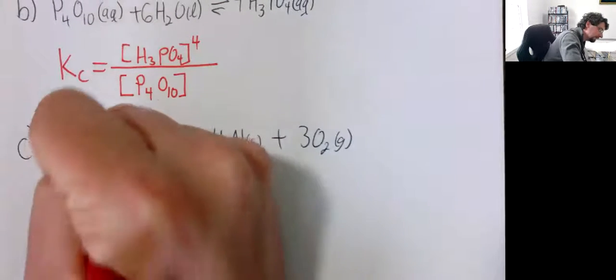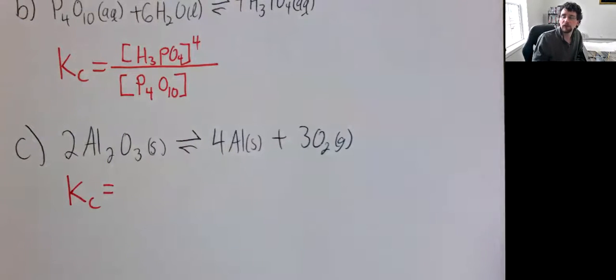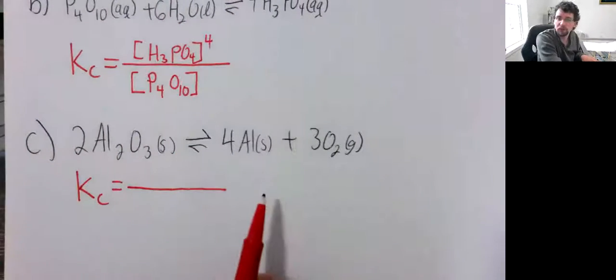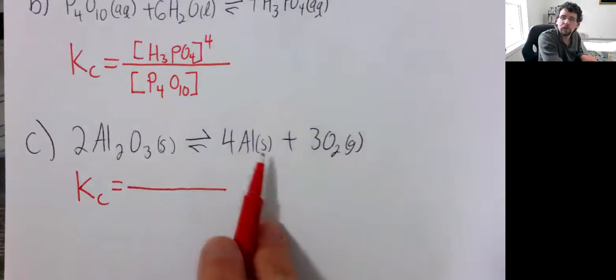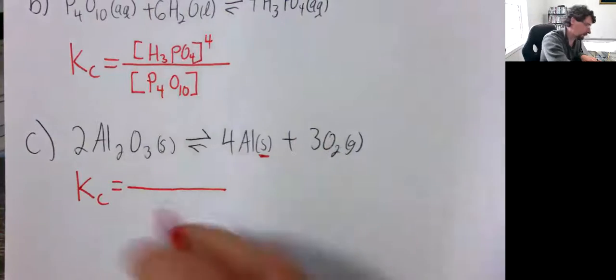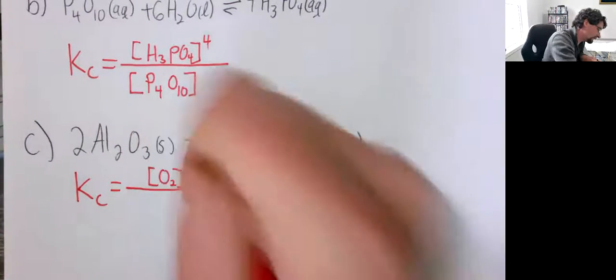We have Kc, and remember we have to consider the physical states. So pure solids and pure liquids are excluded from the equilibrium constant. So again, products over reactants. We have 4 aluminum solids. Since there's a solid there, we don't have to include that in the equilibrium constant, but we do have to worry about those 3 oxygens. O2 raised to the 3.